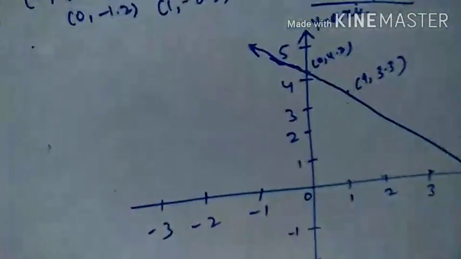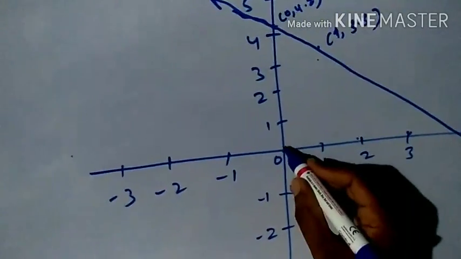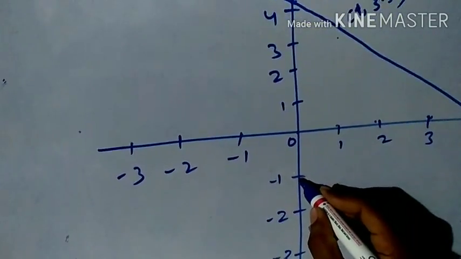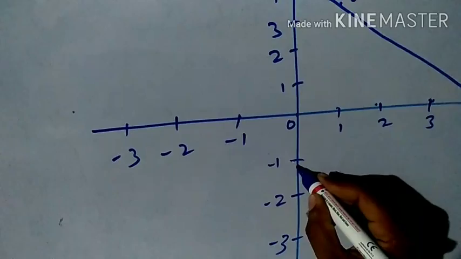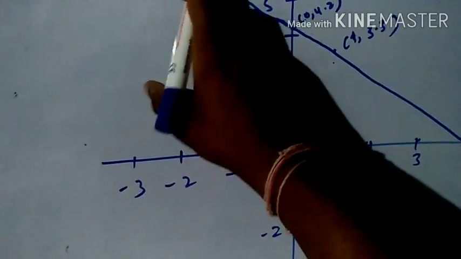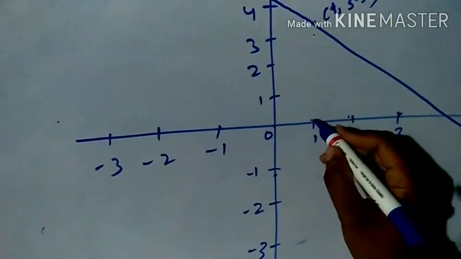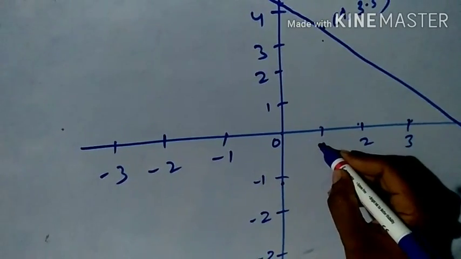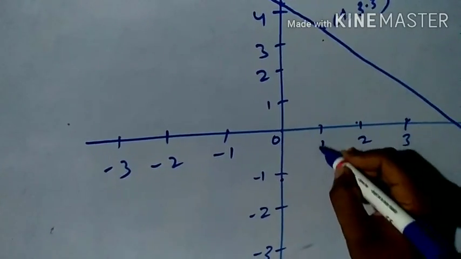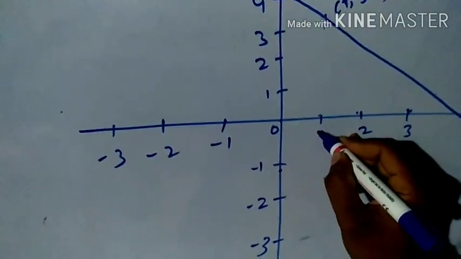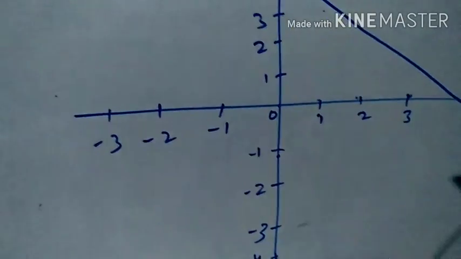Next, 0 comma minus 1.2. It is 0, minus 1.2. Next 1 comma minus 0.3. It is 1, and here the down values are minus, so here minus 0.3.